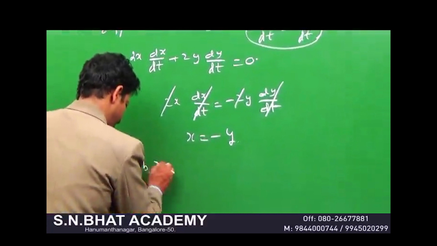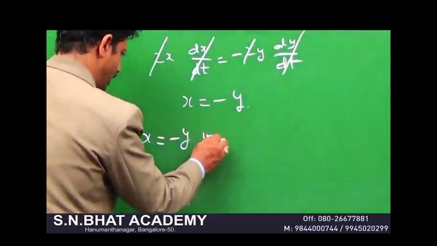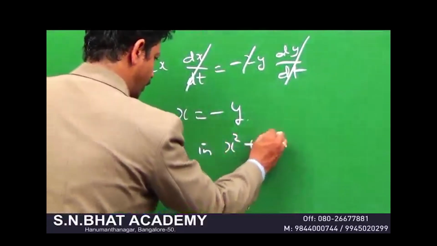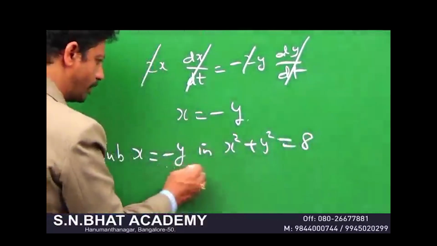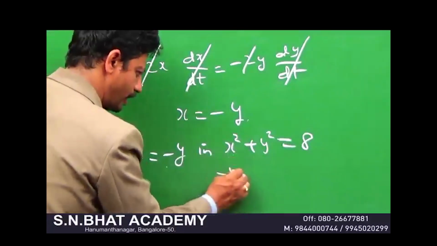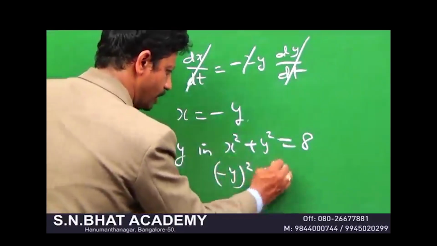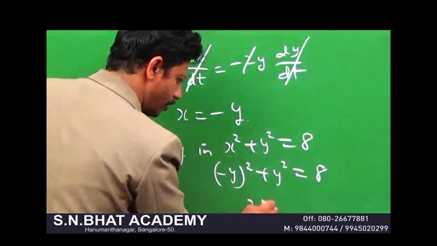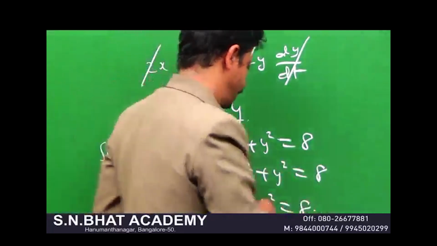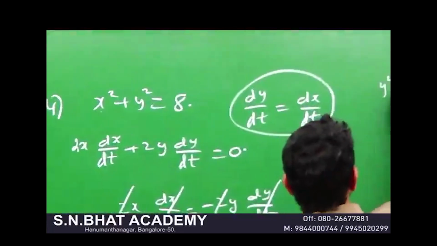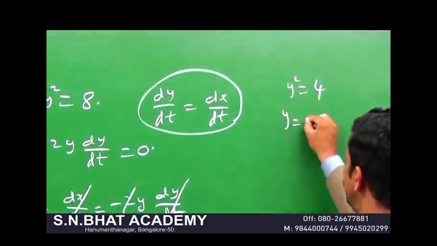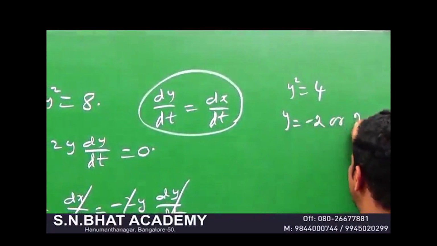Substitute x equal to minus y in x square plus y square is equal to 8. So if you substitute x equal to minus y, you get minus y whole square plus y square equal to 8, or 2y square is equal to 8, or y square is equal to 4, or y is equal to minus 2 or plus 2.